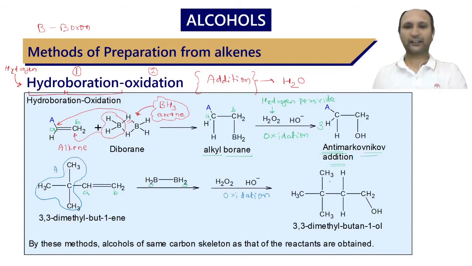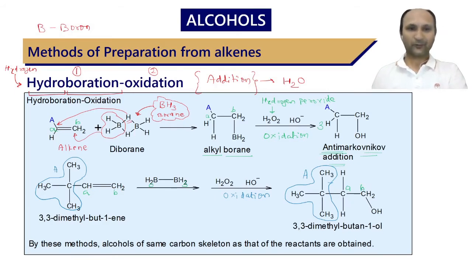So how to draw this product? Again we'll draw the moiety that has not changed here. So A has not changed in this reaction, so we have just drawn A. Now this A group is attached to the carbon labeled small a, and this carbon small a is attached to small b carbon.